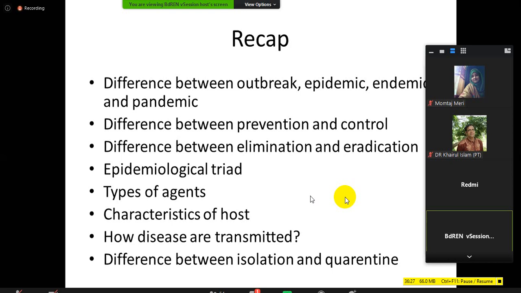If we consider the COVID infection, the person who has the virus can transmit it to another person who is very close to him through the air, through aerosol, coughing, sneezing.